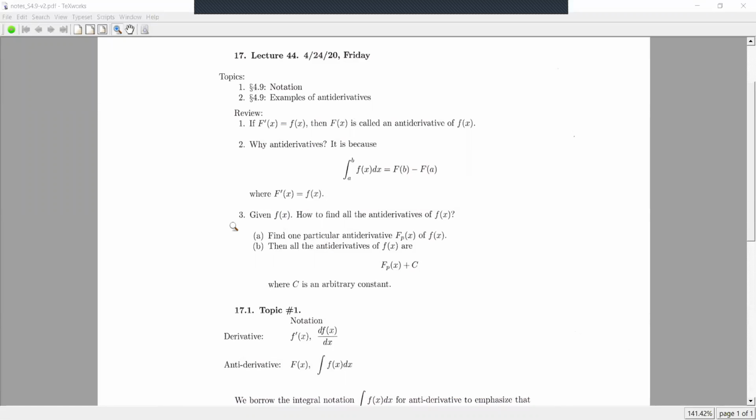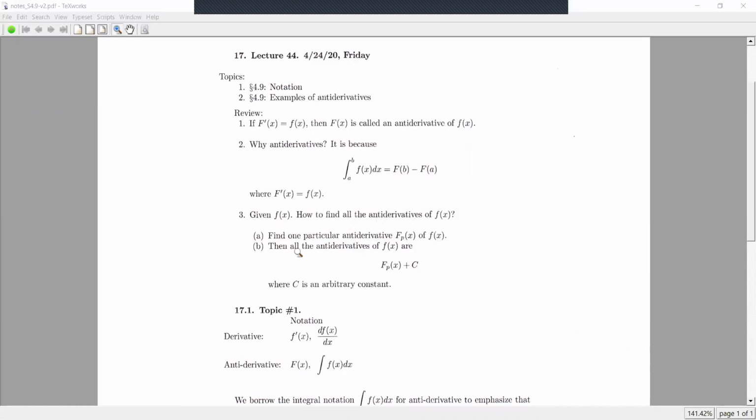Review number 3. Given a function, how to find all its antiderivatives? Two steps. Step 1, find one particular antiderivative of the given function.